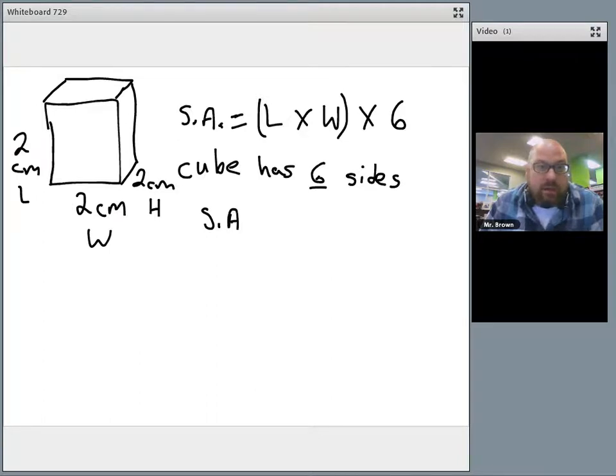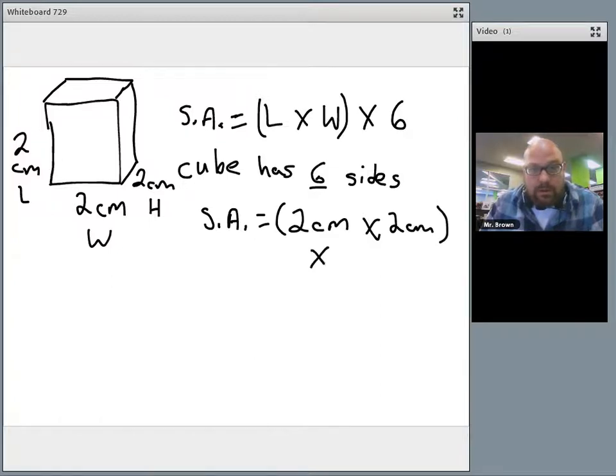Length and width are both 2 centimeters, and you multiply all that by 6, because there are 6 equal sides. 2 times 2 is 4 centimeters squared.